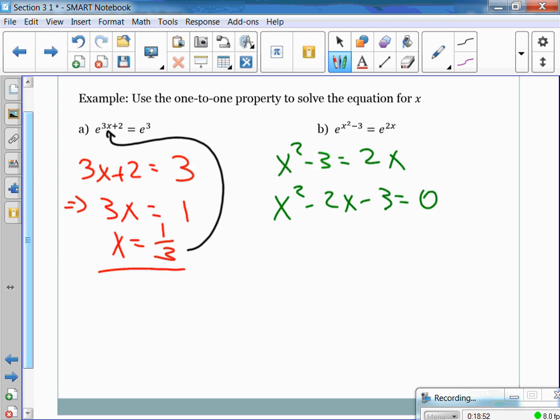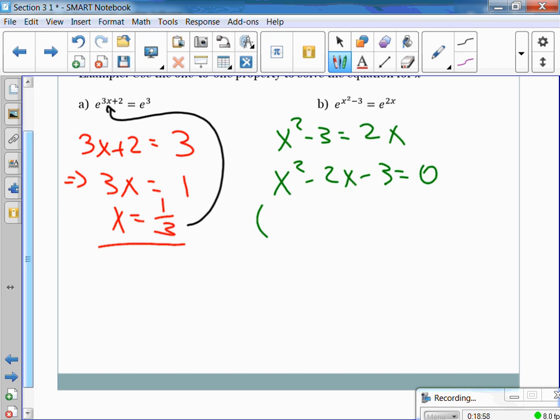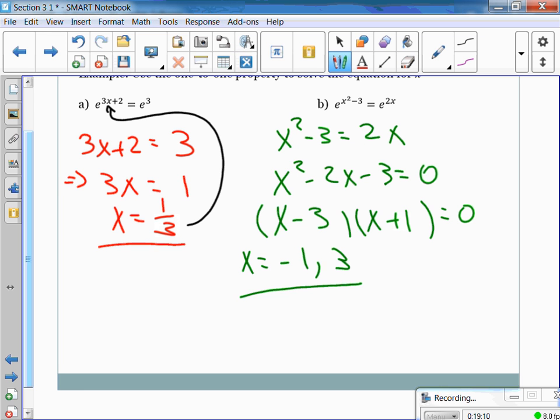No? Once we factor that quadratic, we get x equals -1 or 3.